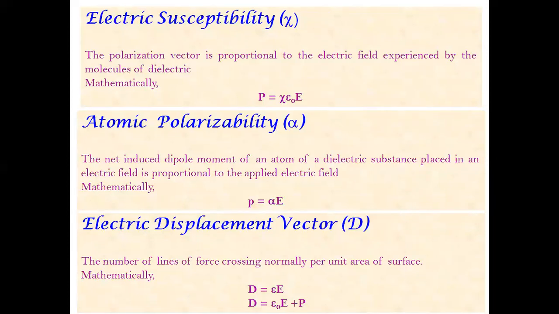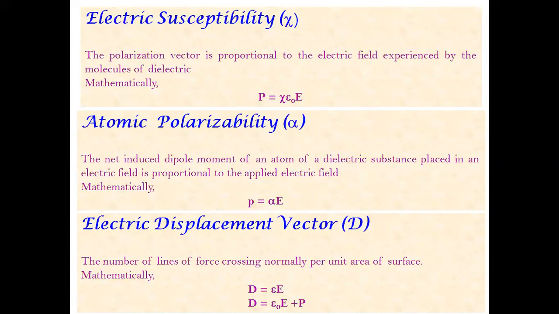So, mathematically, the net induced dipole moment of an atom of a dielectric substance placed in an electric field is proportional to the electric field. So, the dipole moment is equal to alpha, that is atomic polarizability, into the electric field.